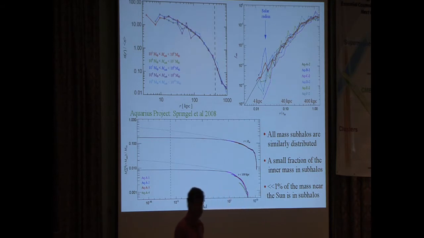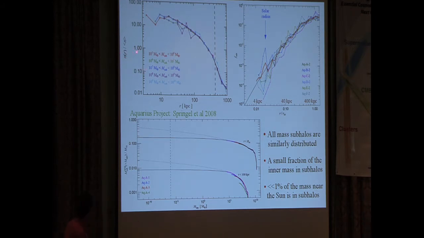So here are some properties of the distribution of the small objects inside the big objects. Let's start at the one at the top. This is asking how are the small objects distributed in radius inside the big object? How many are there near the middle as compared to further out?